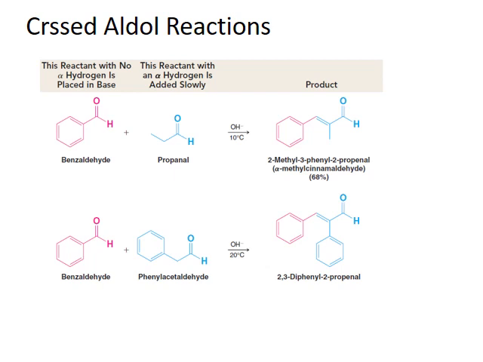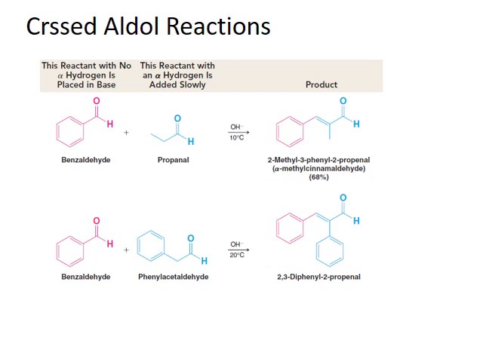start with two aldehydes, one of them containing no alpha hydrogens, for example benzaldehyde, and the other aldehyde has alpha hydrogen, for example propanal. This is one step.